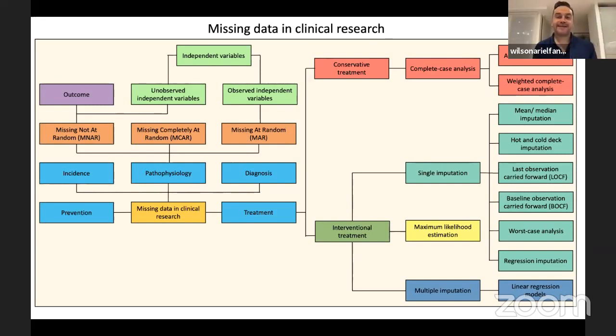Yes, definitely. Unfortunately, this is something that we can't really prove, but this is an assumption for all of this. Single imputation, maximum likelihood estimation, multiple imputation assume that your missing data was caused by the missing at random mechanism.